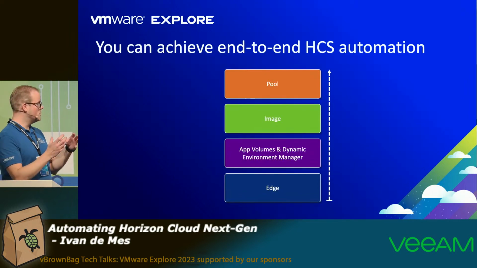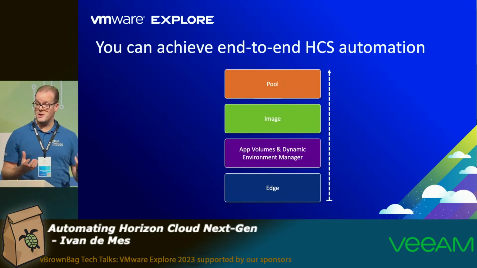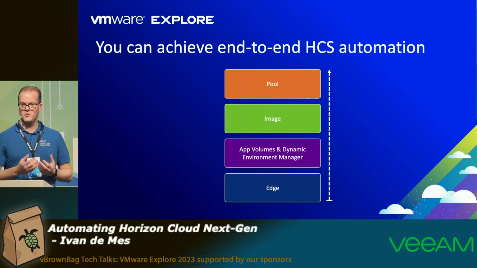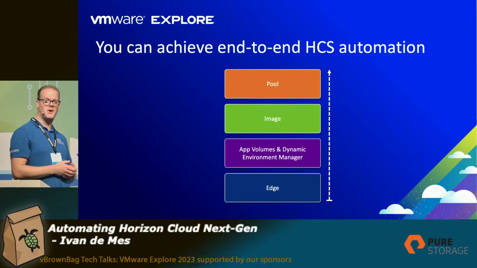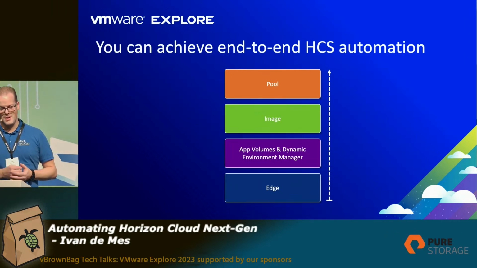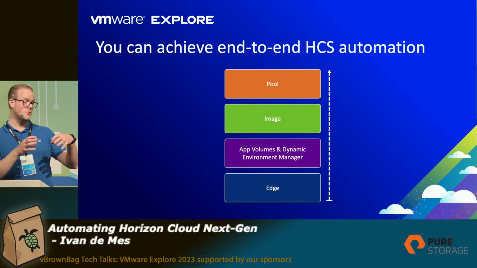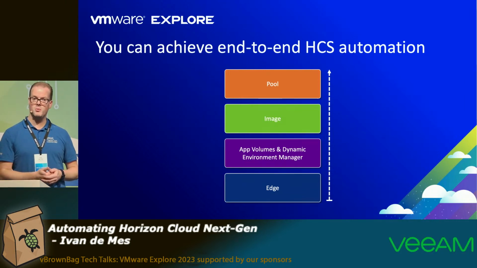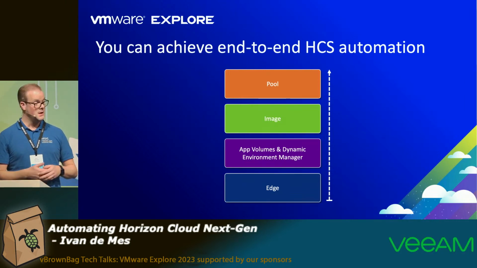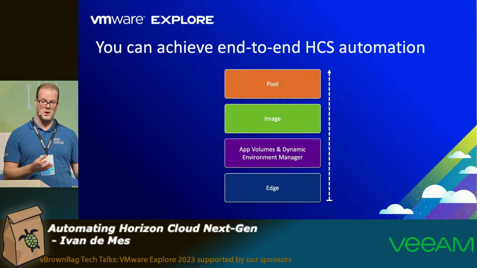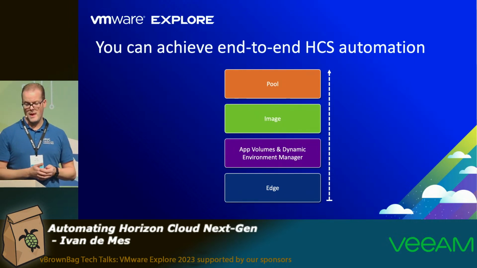So these were just simple examples, just to get you a little bit familiar with how to get started. But you can actually achieve a lot with the API. You can even perform a full end-to-end deployment within Horizon Cloud Next Gen. That means that you can configure your full edge configuration.